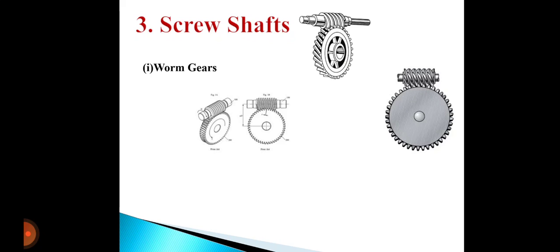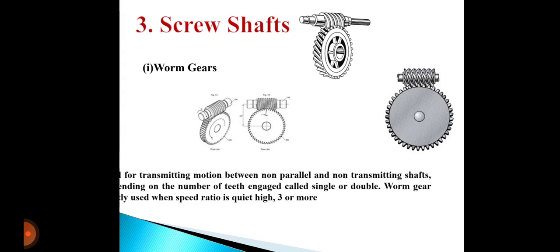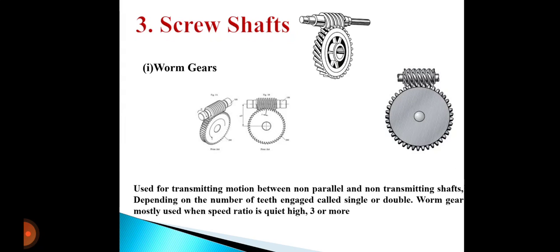The smaller of the two wheels is called the worm, which has a large spiral angle. So, these are used for transmitting motion between non-parallel and non-intersecting shafts, depending on the number of teeth engaged, called single or double. Worm gear is mostly used when the speed ratio is quite high, that is 3 or more.